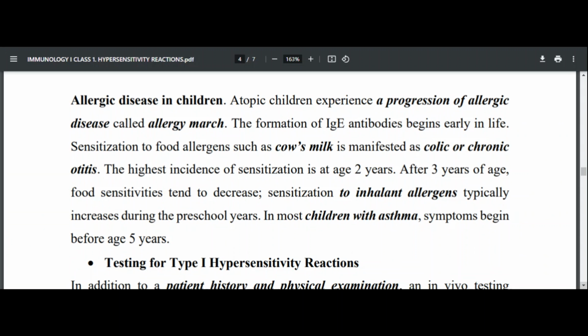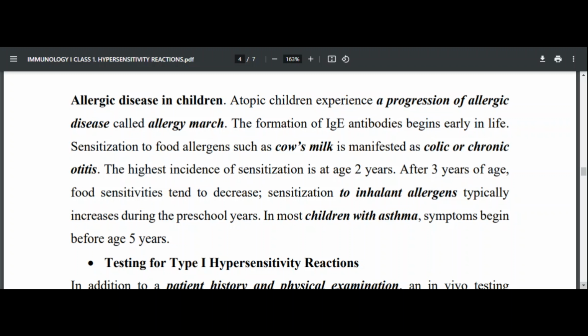It usually happens at the age of 2, but after 3 years of age, food sensitivity tends to decrease. And sensitization to inhalant allergens typically increases during preschool years, but in most children with asthma, it can begin anytime before 5 years of age. So this is in case of food allergen.